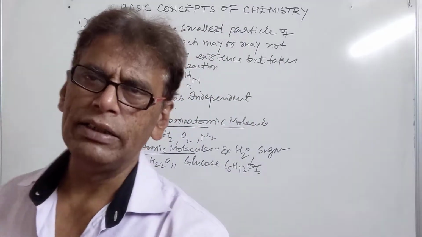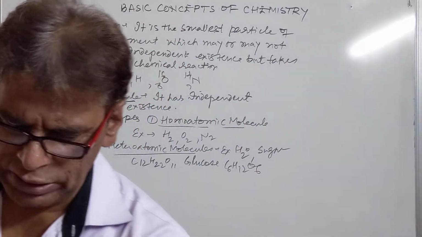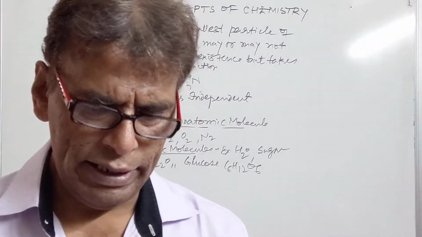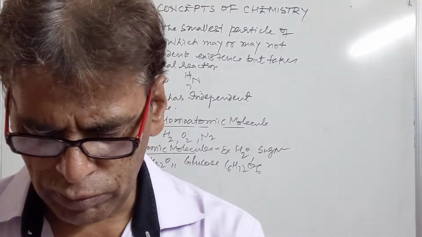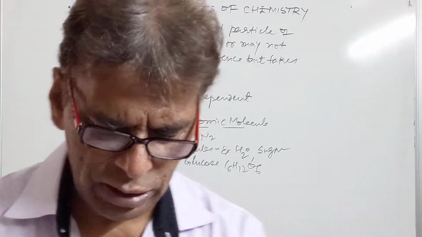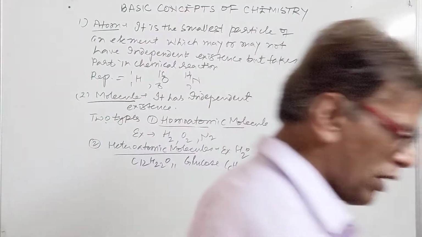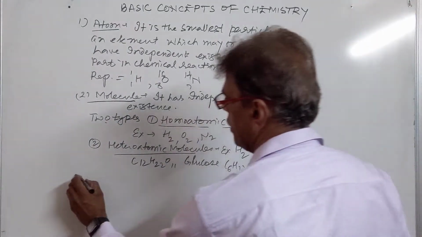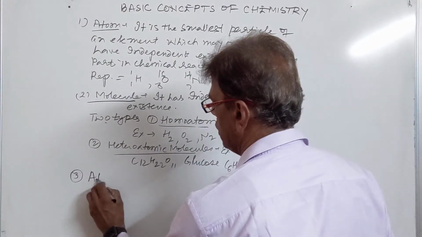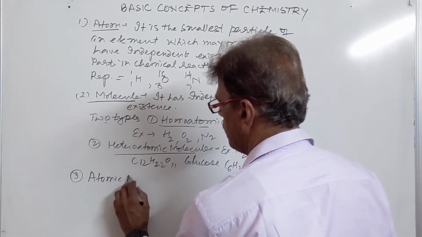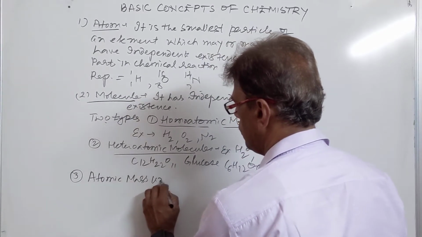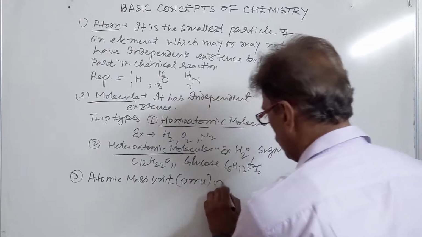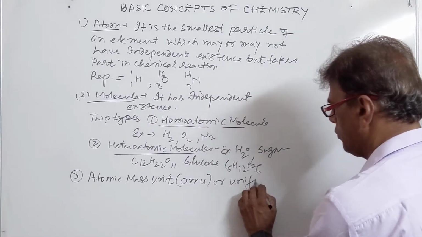Then we will be devising a scale to record the masses of atoms as well as those of molecules. That scale is based upon atomic mass unit. So we will first define what is atomic mass unit. Our third definition is atomic mass unit. This is AMU, also called unified mass.